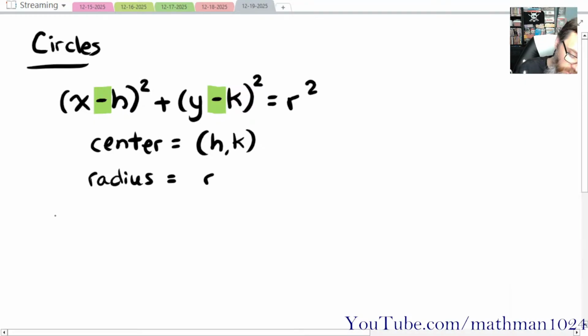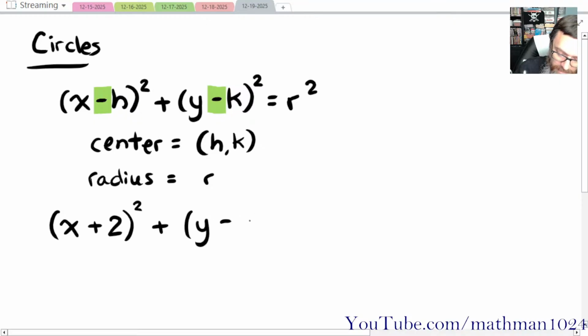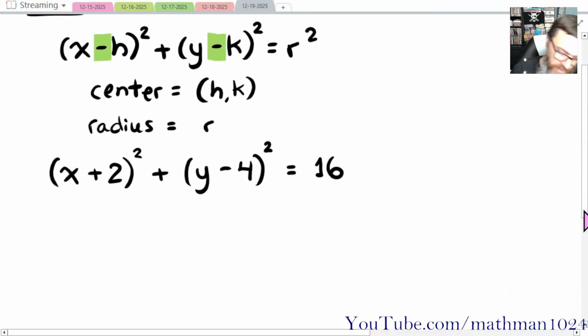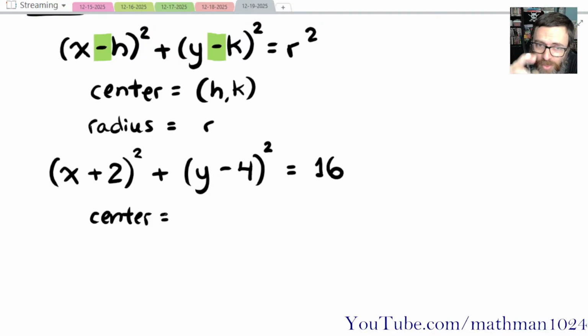So if, for example, I do x plus 2 quantity squared plus y minus 4 quantity squared equals, let's just say 16. As I match it up with the form that I see above, my center is going to come from those numbers that I see in those factors, with the x plus 2 and the y minus 4. But I do the opposite of what I see.